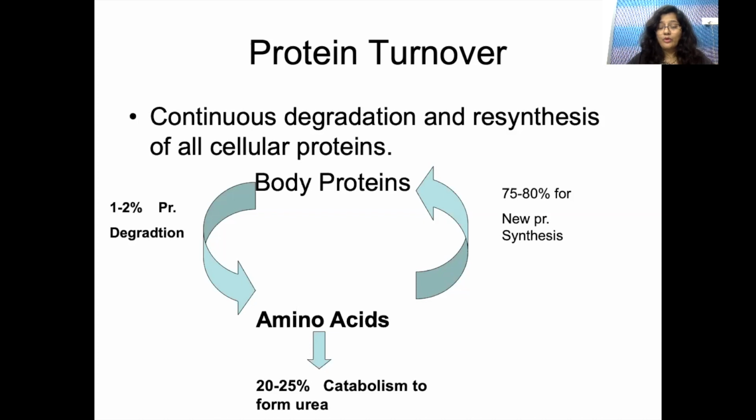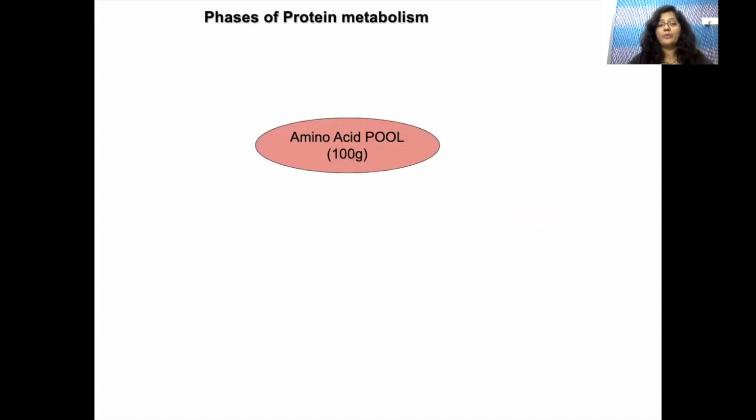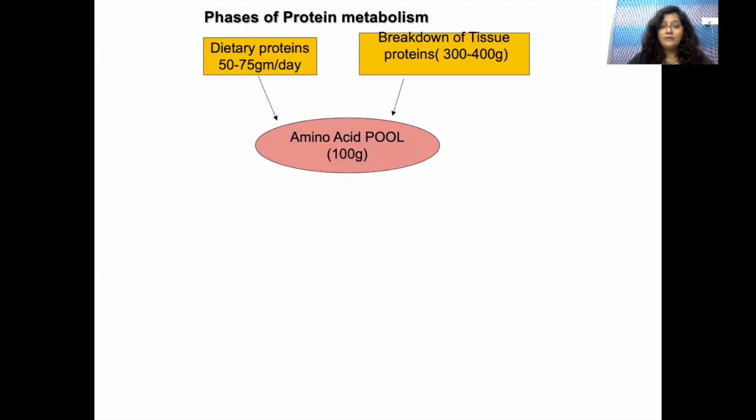Now let's see the different phases of protein metabolism. In the last slide we saw that around 50 to 75 gram of dietary protein is consumed by a person every day, and the breakdown of tissue protein is around 300 to 400 gram per day.